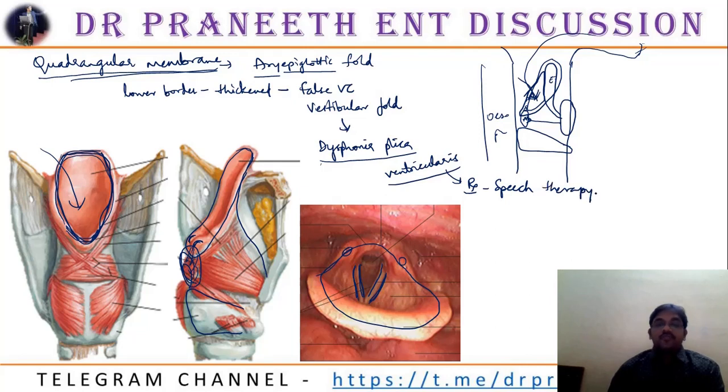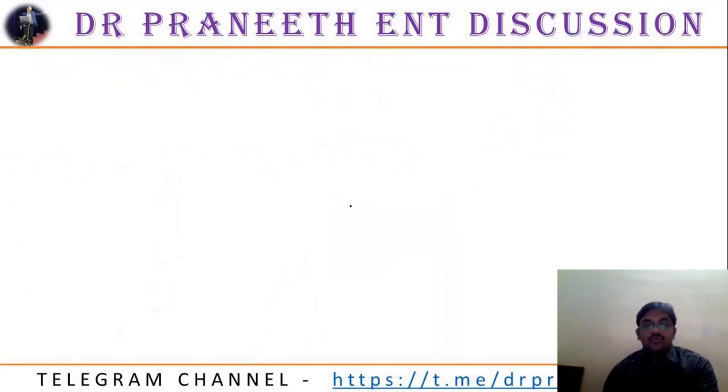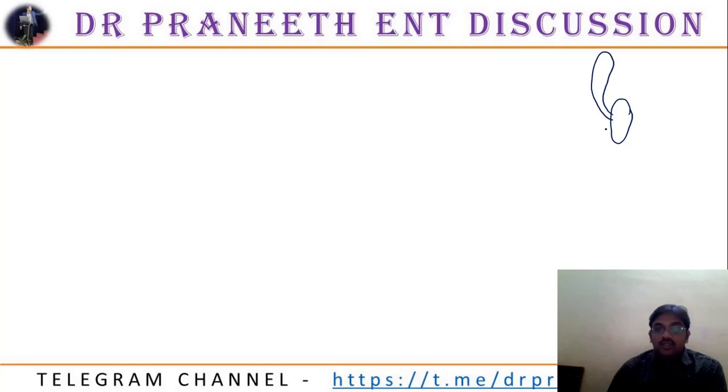Okay, and now see, there is a space in between. If you take this thyroid cartilage, you have your epiglottis like this, you have your vocal cord, arytenoid, you have your cricoid like this, right?